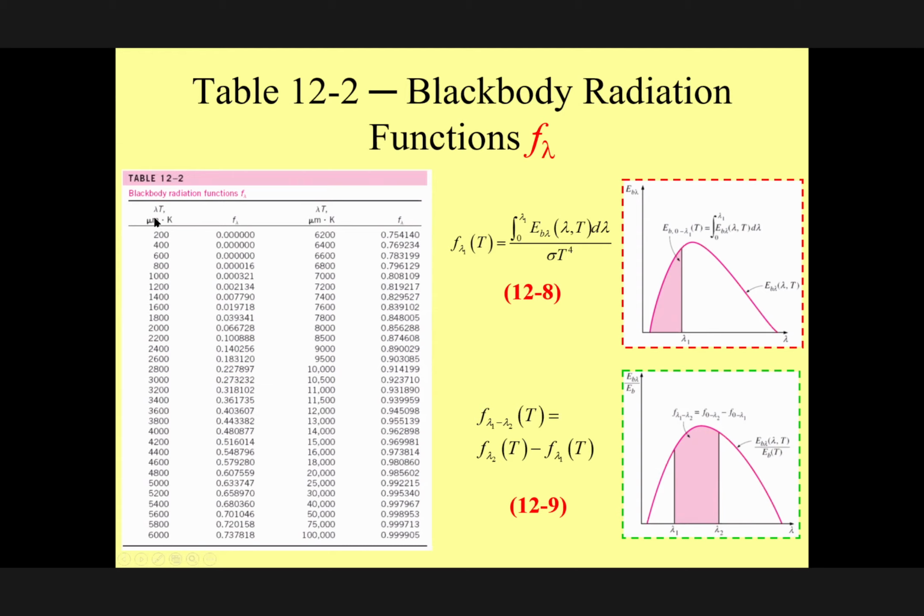Here is representing wavelength times temperature, in micrometer Kelvin. If wavelength times temperature is 200, from 0 to 200 is almost 0.